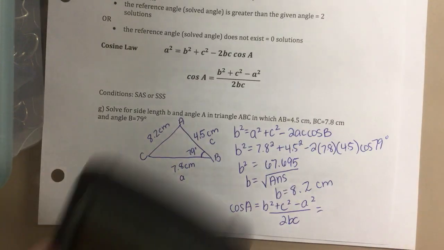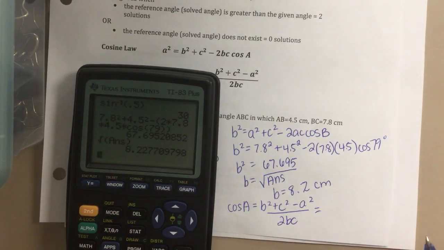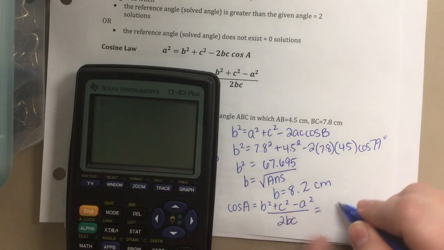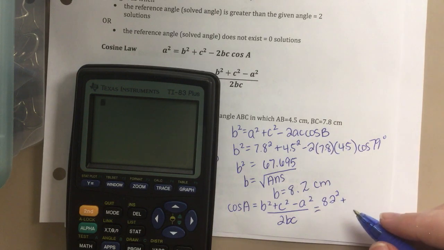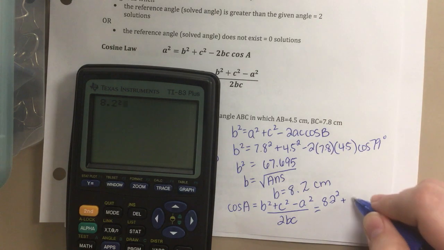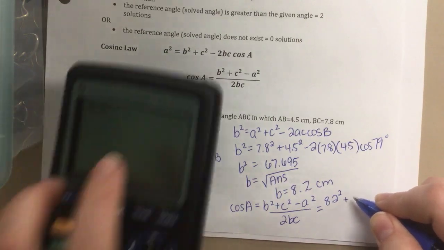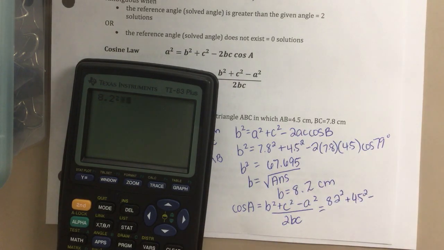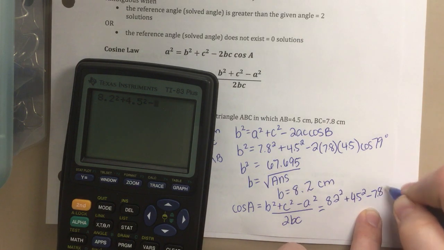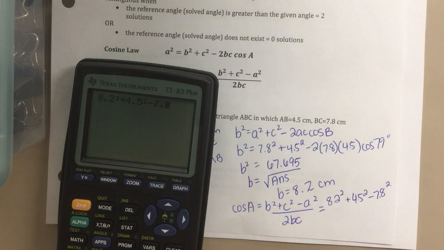Okay, running out of room, so I'm just going to show you on my calculator what I would type in. So I would basically go b squared, b is 8.2 squared, plus c squared, c was 4.5, minus 7.8 squared.